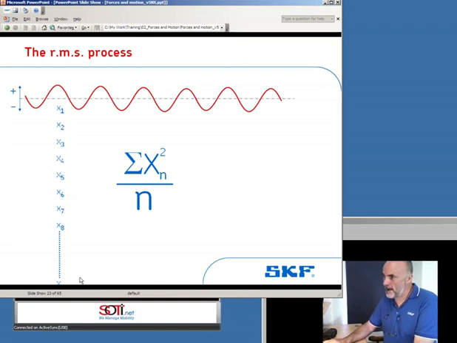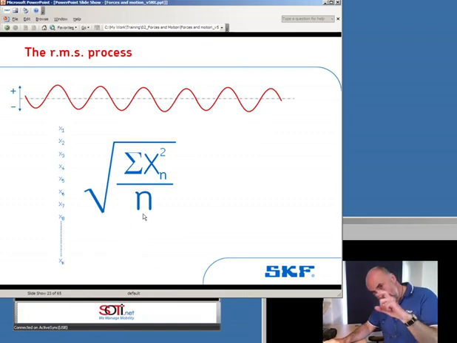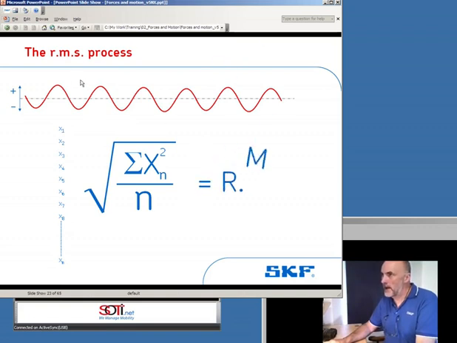So the way that we can remedy this situation is, having squared them and taken the mean or average, we can now take the square root of the whole lot, take the numbers back to where they should be, and we end up with root mean squared. The RMS stands for the root of the mean squared.